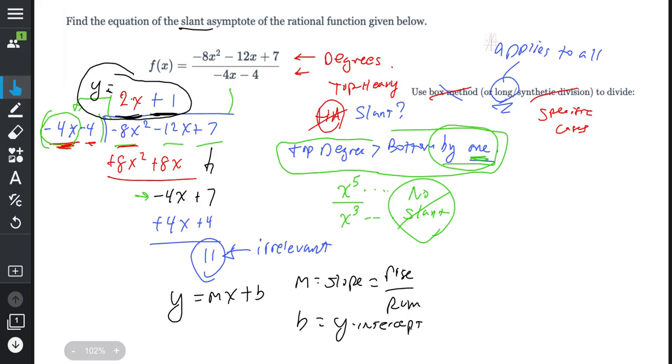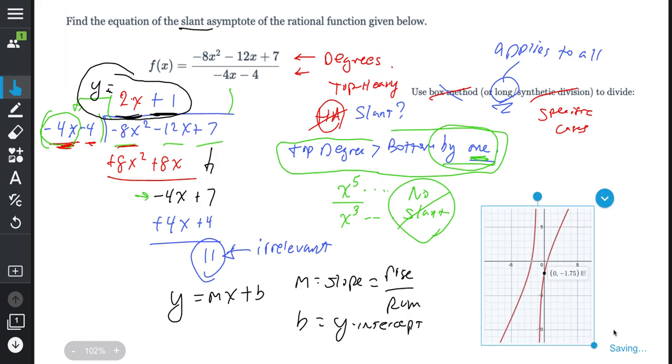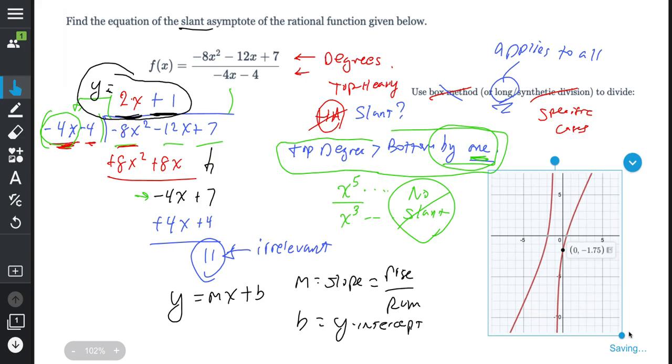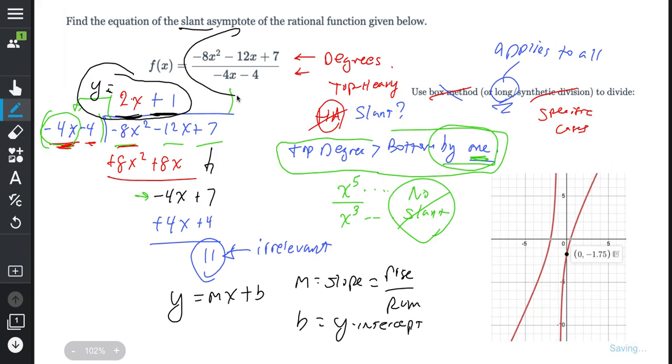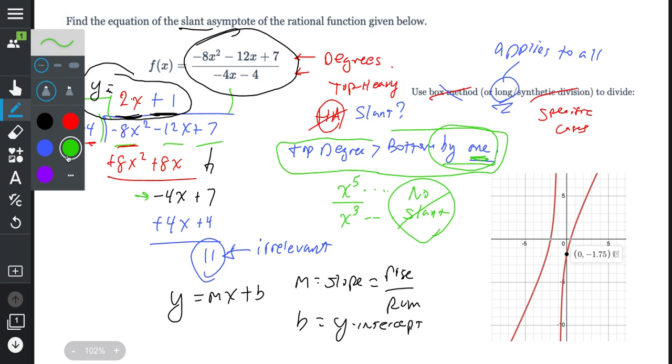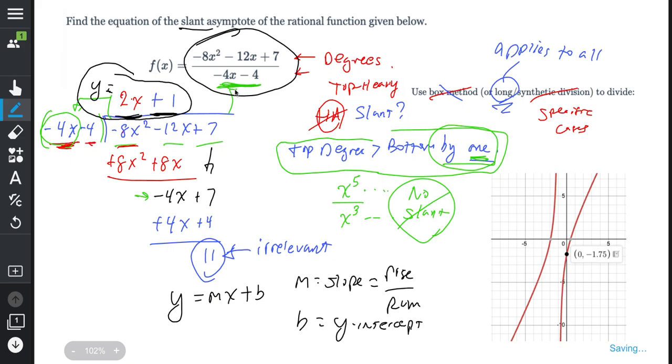Okay. So what does it look like? What does a slant asymptote look like? Better make some little room here. But when we graph this function, it looks weird. If we factor this, I'm pretty sure we'll have a vertical asymptote, probably somewhere in here.